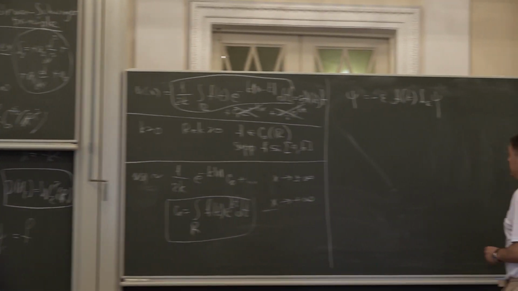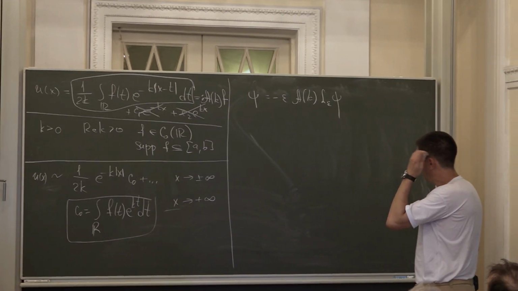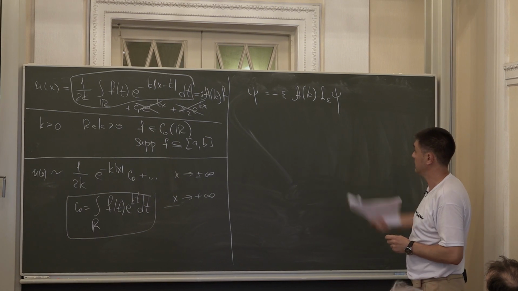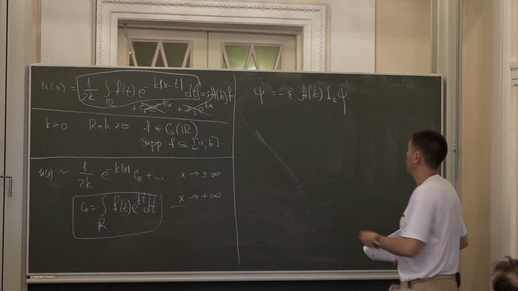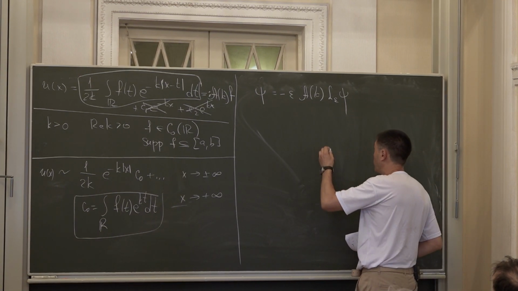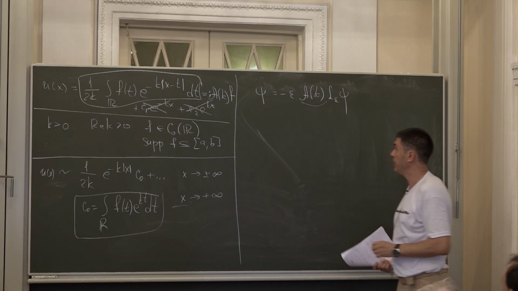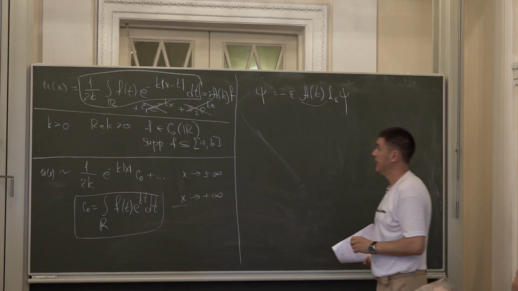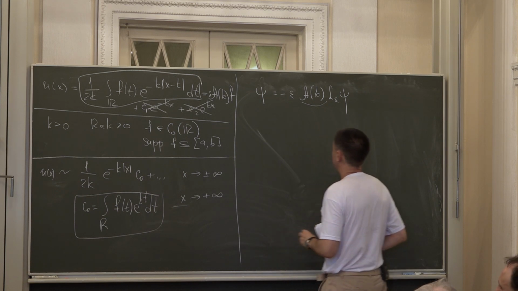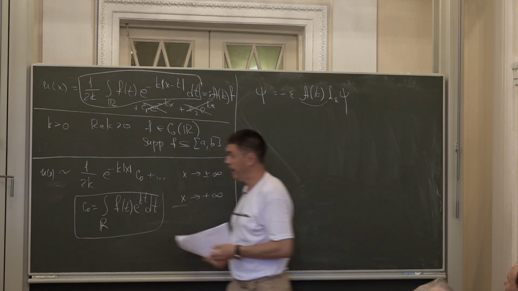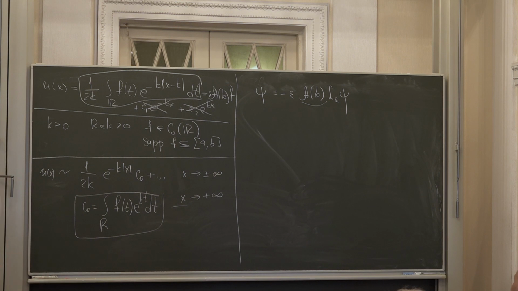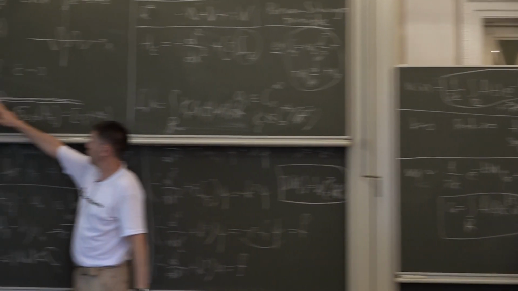What's next? Next is that I want to study the structure of this operator A of k in order to be able to solve this equation. We want to find the eigenvalues which are close to the bottom of the essential spectrum.